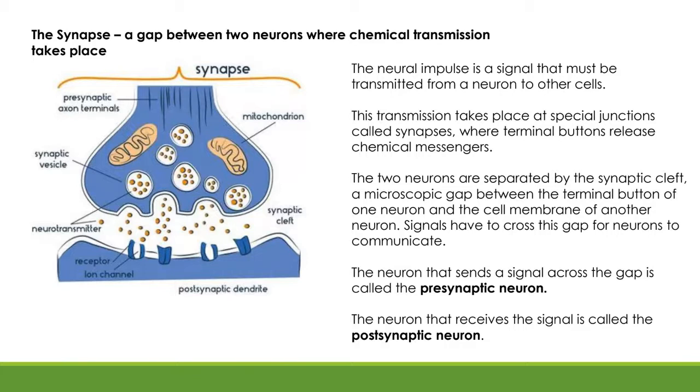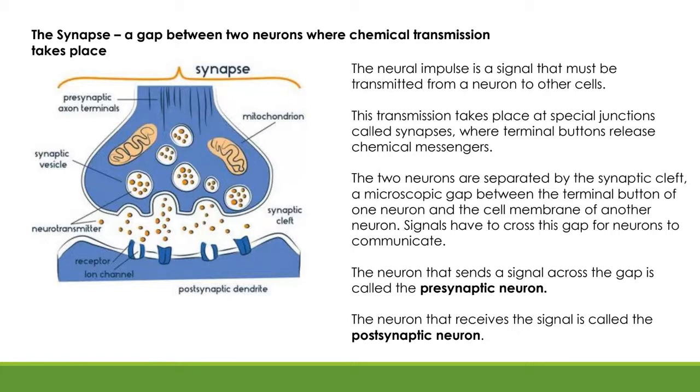The neuron that sends the signal is the presynaptic neuron. It happens before the synapse. And the neuron that receives the signal is called the postsynaptic neuron. So it comes down, and you see inside the little axon terminal, there are little sacs, little synaptic vesicles. Those contain neurotransmitters.